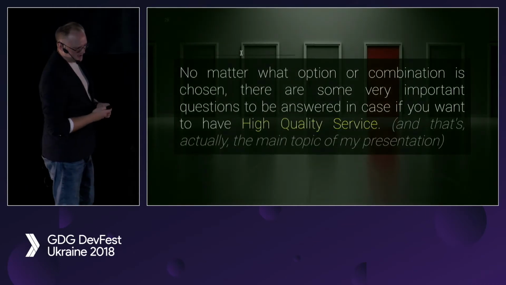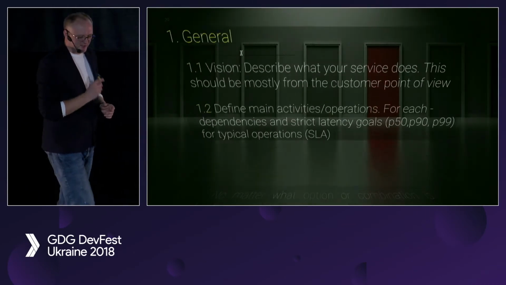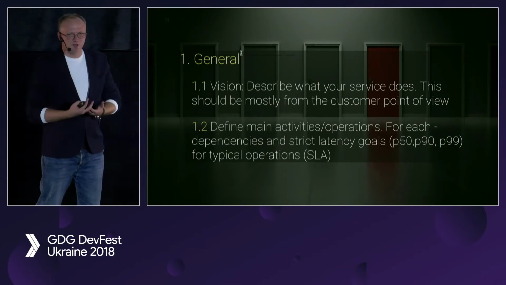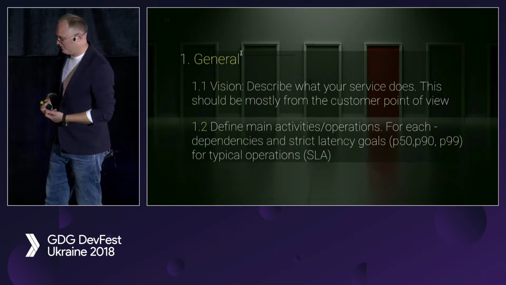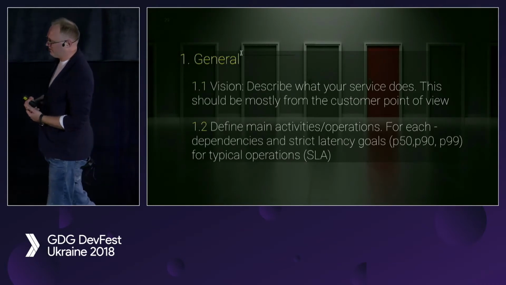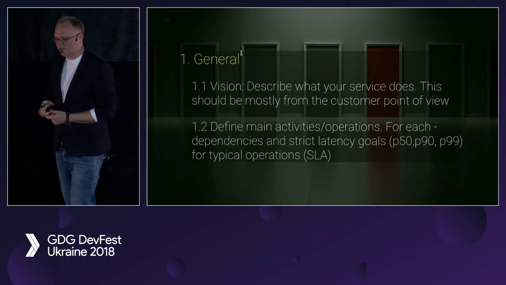The first is that you should define the vision of your system. What customers need. One of the first principles in Amazon is customer obsession.